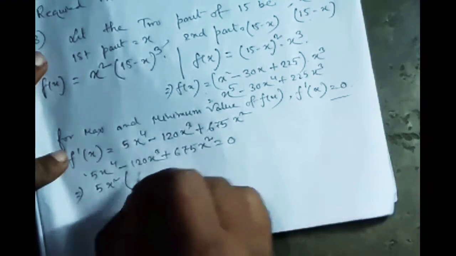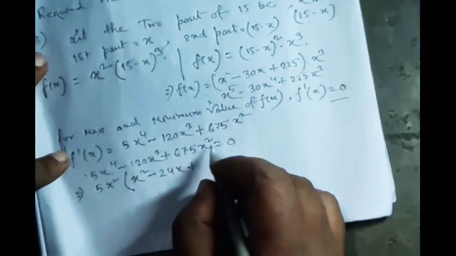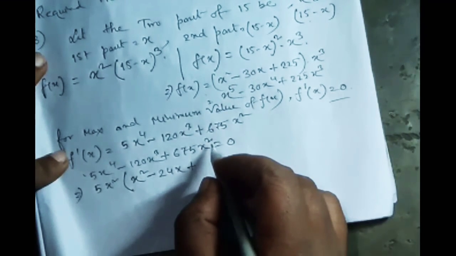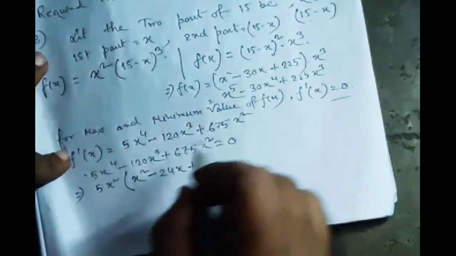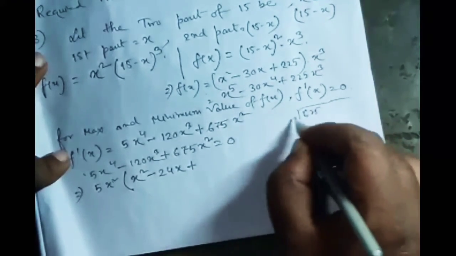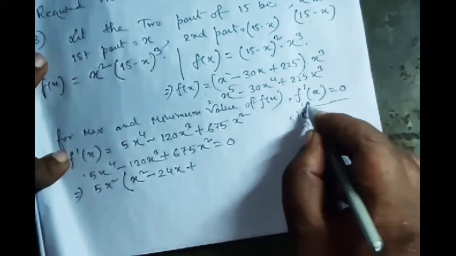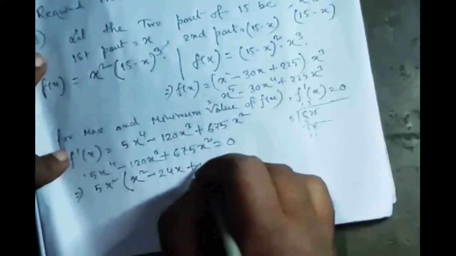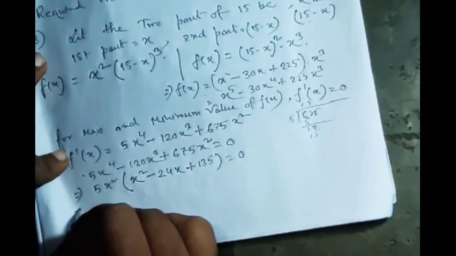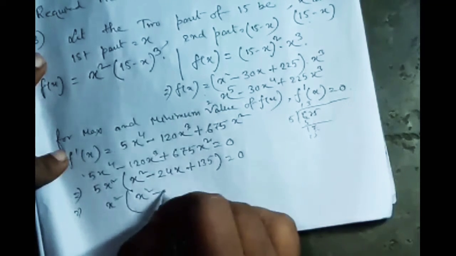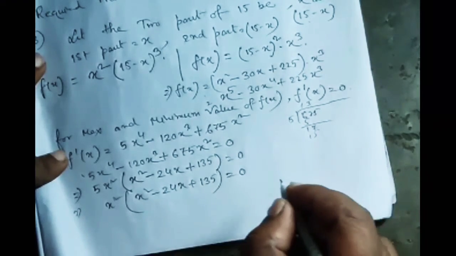Taking 5x square common, x square minus 24x plus 135, that's equal to 0. So x square minus 24x plus 135 equals 0.